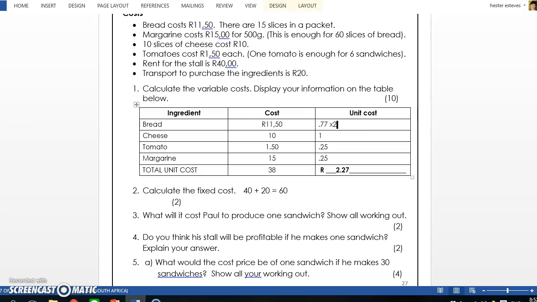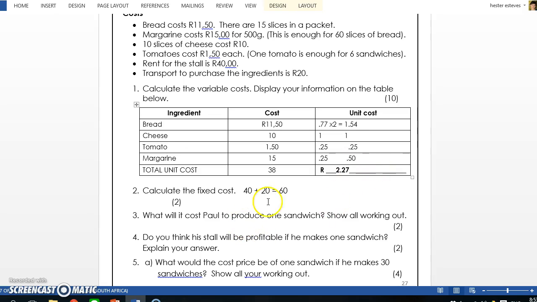So that would have to times 2, which would equal 4 Rand and 54 cents. You would only use 1 slice of cheese. Let's keep that underneath one another. He's only going to use tomato for 1 sandwich, so that's going to be 25 cents. However, he's going to put butter on both pieces of bread, so that's 25 plus 25, so that will cost him 50 cents.